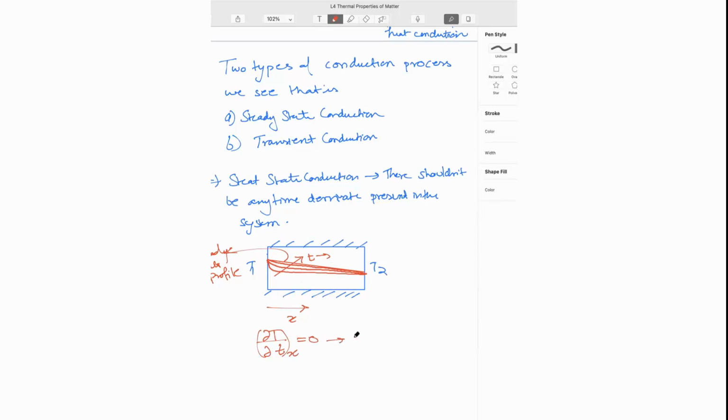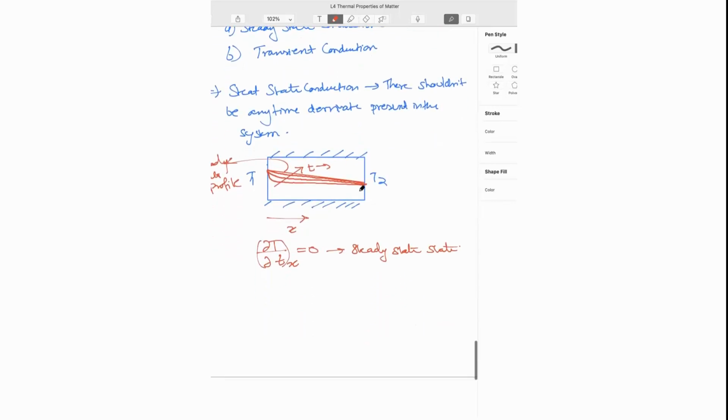That is the condition for steady state. Before reaching steady state, all of these are transients. Those concepts don't really come in class 11; that is some higher level.